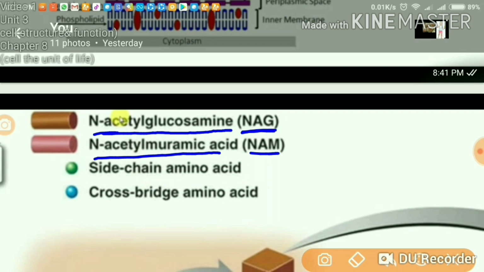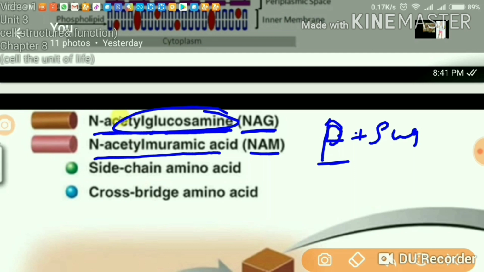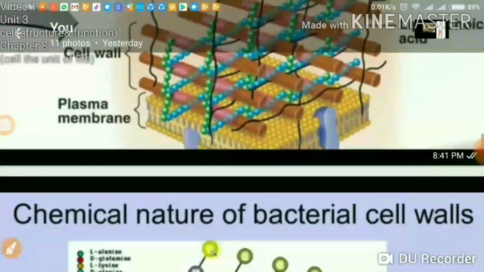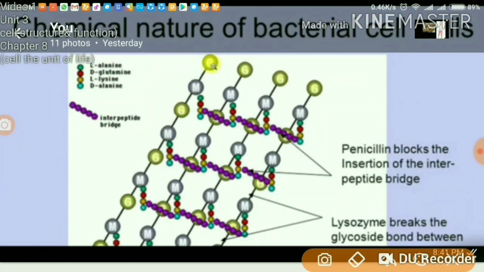I told you the cell wall is made up of protein and sugar. Here you see glucose plus amine: glucose is a sugar and amine is a protein, so it's a protein-sugar complex. These two structures are alternately arranged and form what is known as the cell wall.